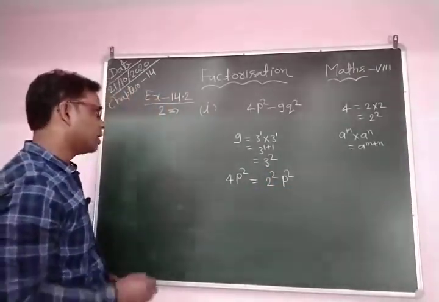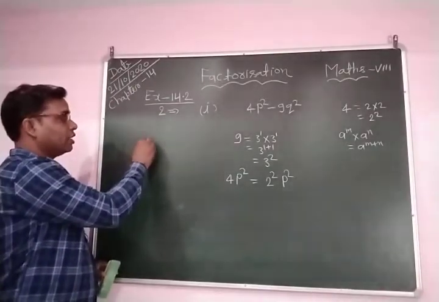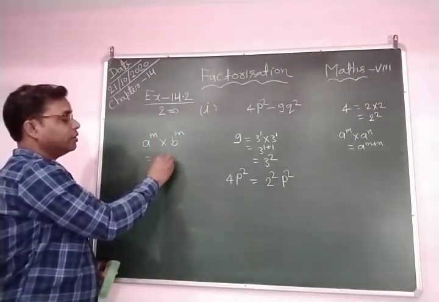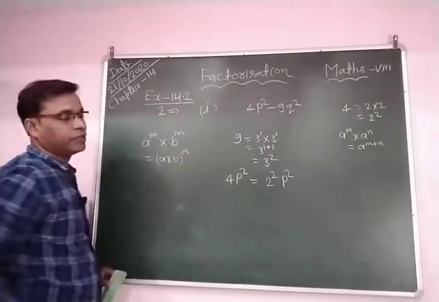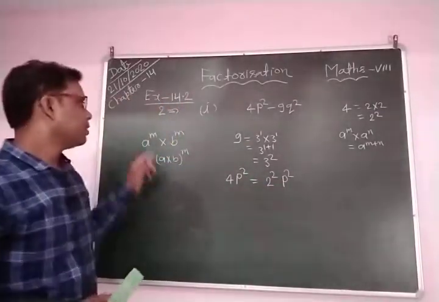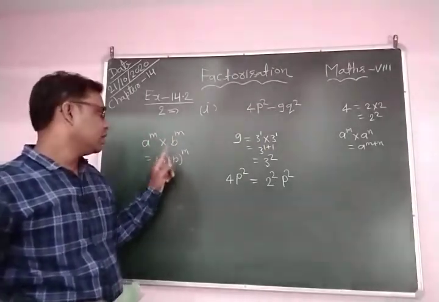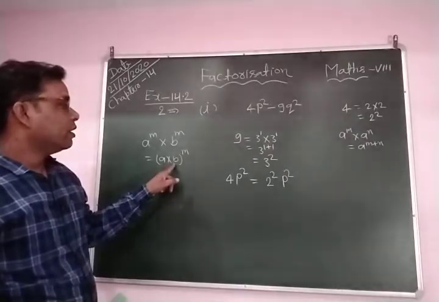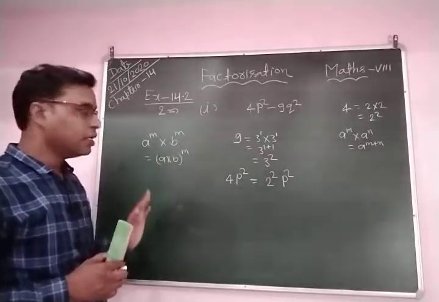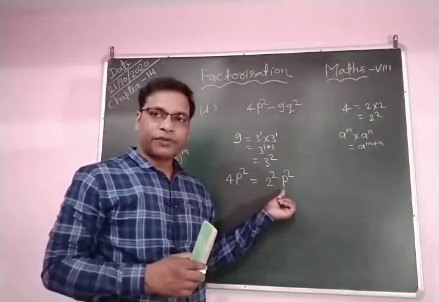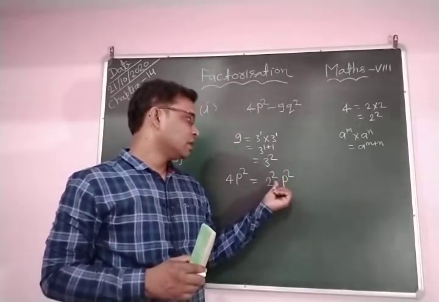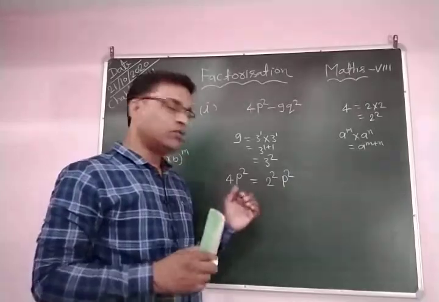You know this law of exponents: if a power m into b power m, then you can write it as a into b whole power m. Here the power is the same but the base is different, so we write the product of the bases whole power 2.